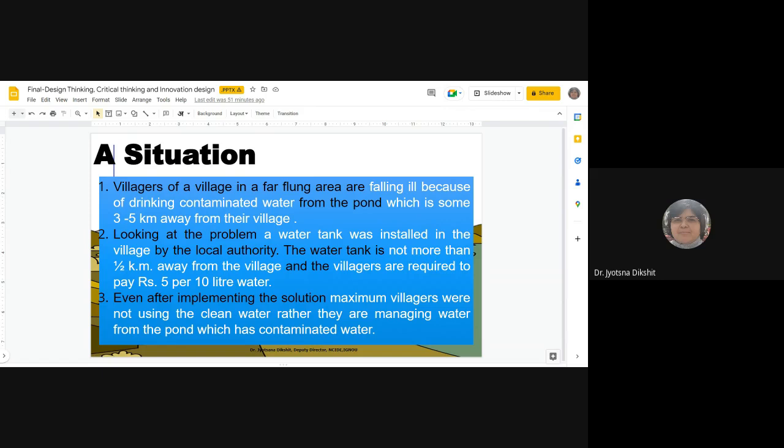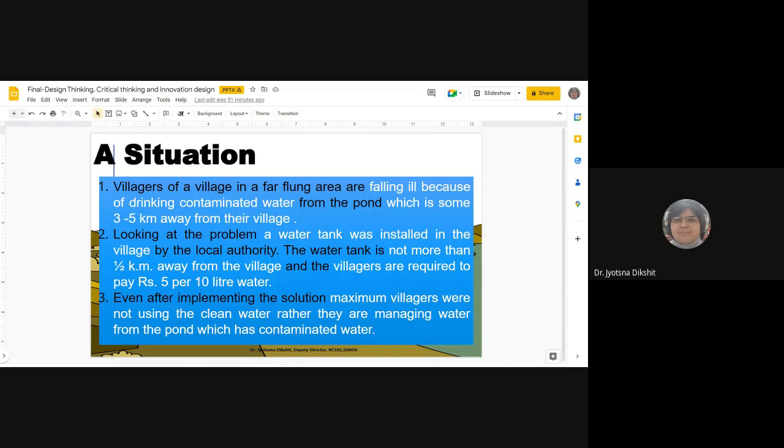To recover the cost of the water tank, the villagers are requested to pay rupees 5 per 10 liters of water. So prima facie, this is a wonderful solution: a water tank has been installed, and they are just required to give 5 rupees per 10 liters of water. And it is not far away, only half a kilometer.